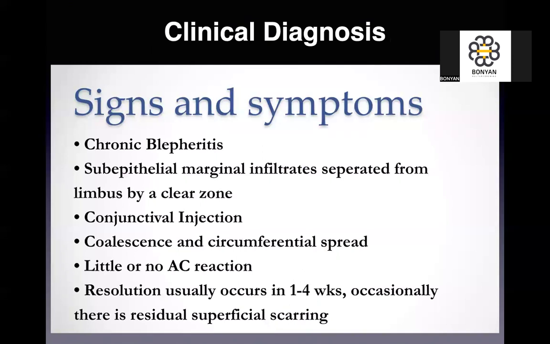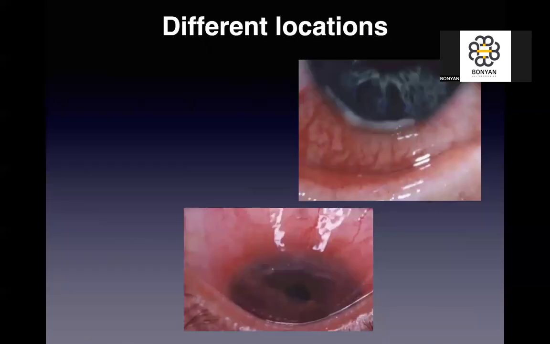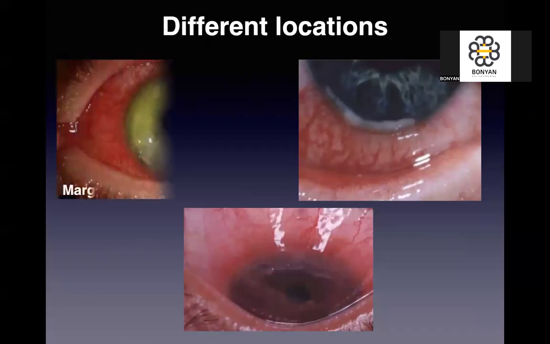These are the signs which may be presented firstly by the chronic blepharitis, chronic mucopurulent conjunctivitis, and so on. Look here, it's in the peripheral part of the cornea, superiorly or inferiorly.